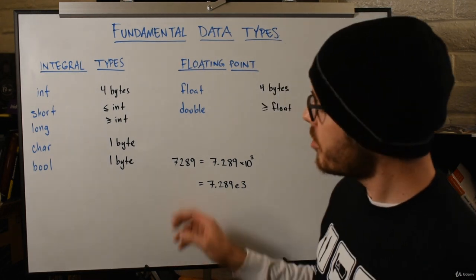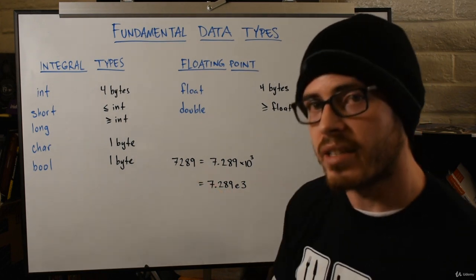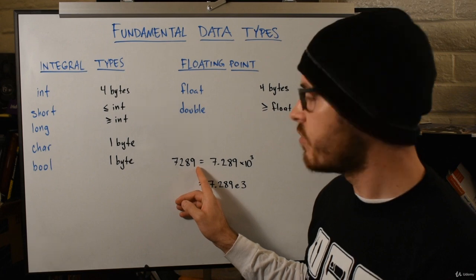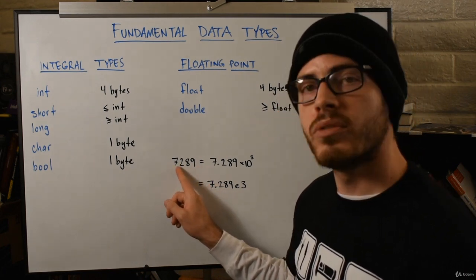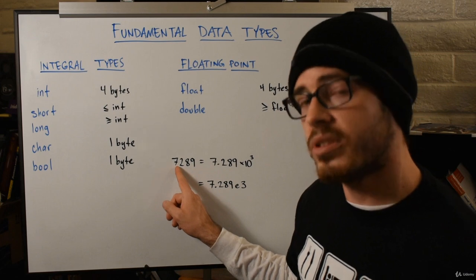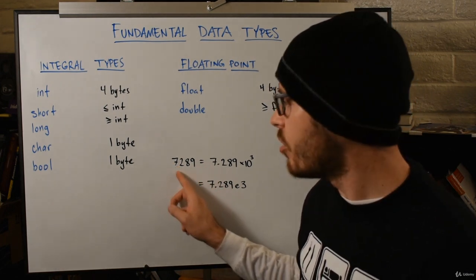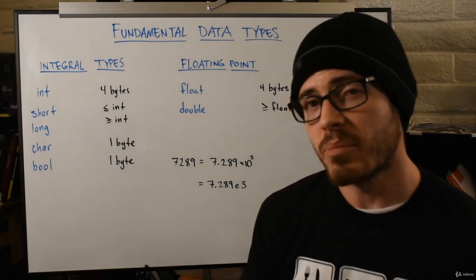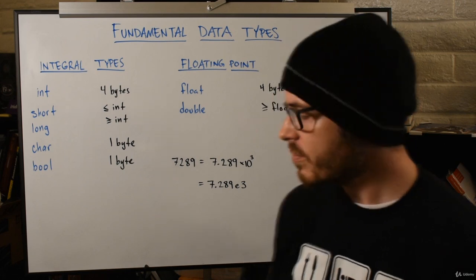So when the computer takes 7289 and converts it to 7.289 E3, what happens to the decimal point is it floats from the right side of the 9 all the way over to here between the 7 and the 2. Because the decimal floats over from the 9 over to the 7, this is the reason floating point became the name for floating point data types.